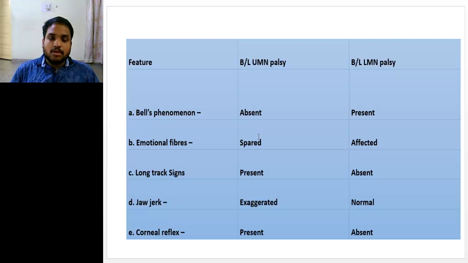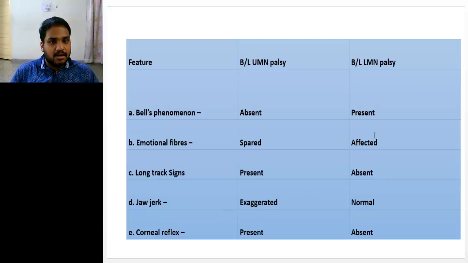In case of bilateral upper motor neuron palsy, the Bell's phenomenon would be absent. The emotional fibers are spared. There will be long tract signs, that is the corticospinal tract is also involved, so bilateral long tract signs would be there. Then the jaw jerk would be exaggerated and the corneal reflex would be present.